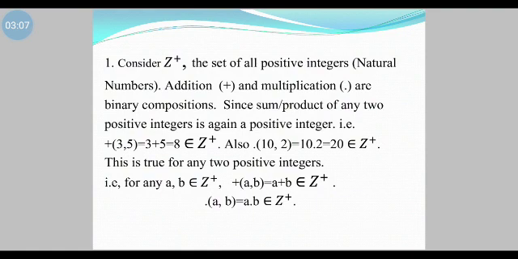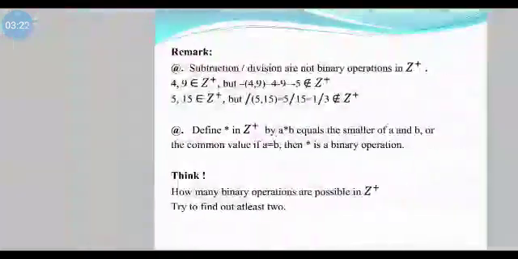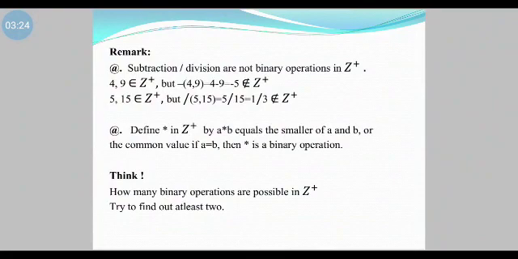This is true for any positive integers. In general, if we consider any two elements A, B belonging to Z plus, then plus of (A, B) is equal to A plus B, which is again a positive integer. Also, product of (A, B) is equal to A into B, a positive integer. But in the set of all positive integers, subtraction and division are not binary operations.